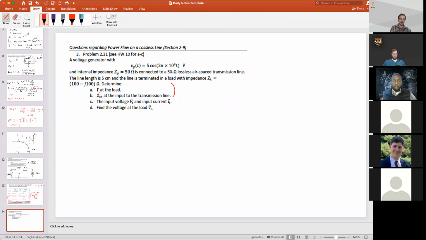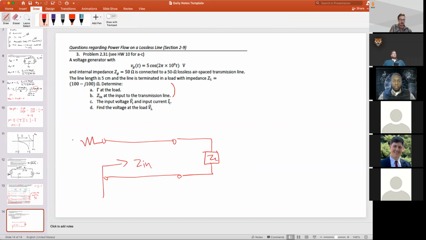Then we said, let's include some line length as well, and that's when we looked at how to find the input impedance. Then we said we can also build this into full circuits, where we can handle the generator part as well, and we'll deal with that using phasors.